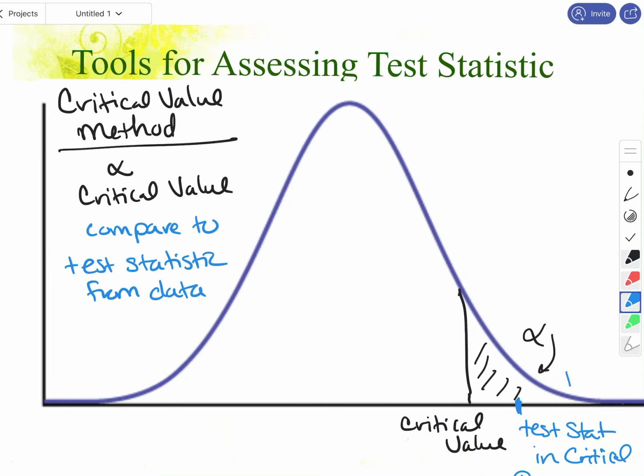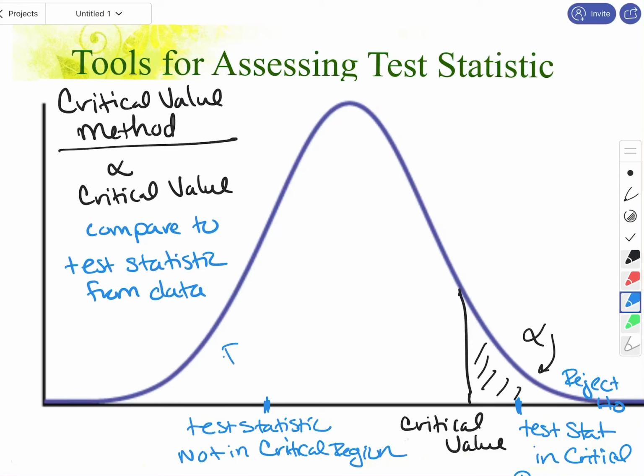And then in that case, we're in the critical region. And if you're in the critical region, you always reject the null hypothesis. On the other hand, if your test statistic is over here, then you're not in the critical region, in which case you would fail to reject the null hypothesis.